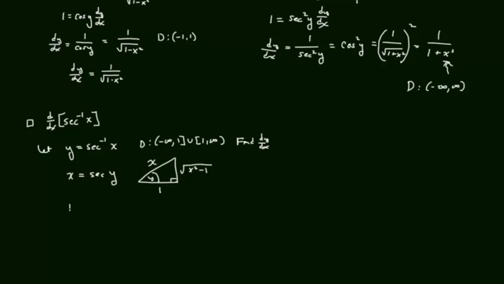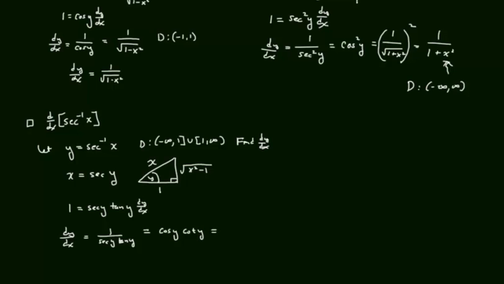We do our implicit differentiation. 1 equals secant of y, tangent of y, dy/dx. So dy/dx, the thing we're trying to find, equals 1 over secant y tangent y, or we could say the cosine of y times the cotangent of y.